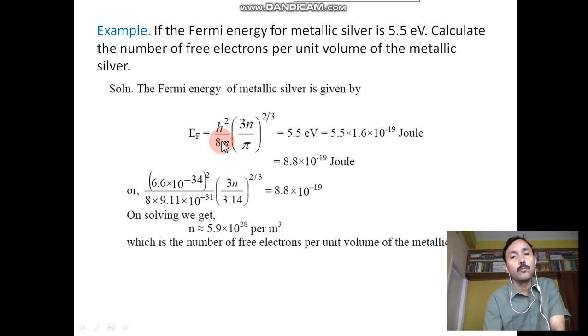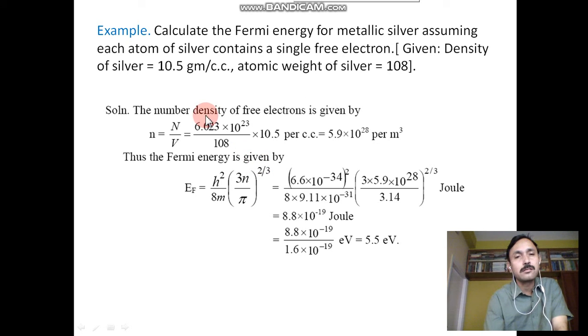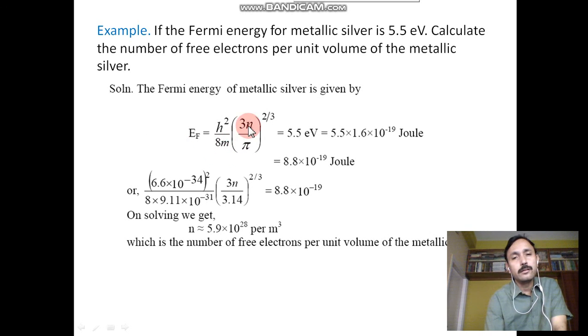So we know from this formula, h square by 8m, 3 by pi, capital N by V. Capital N by V means small n, that means small n is equal to N by V. In the last PPT we have already written n is equal to capital N by V, that means the number of electrons per unit volume. So here we are representing this one as small n.